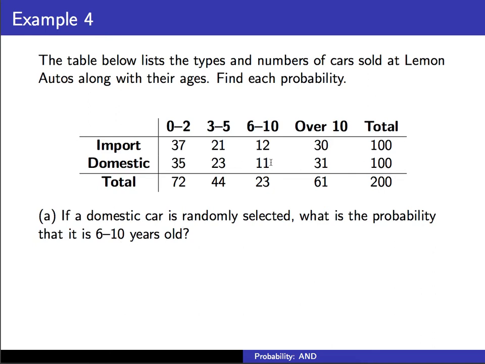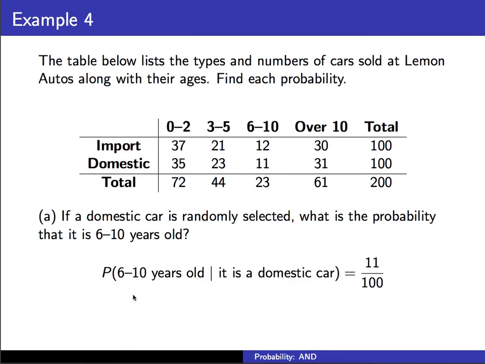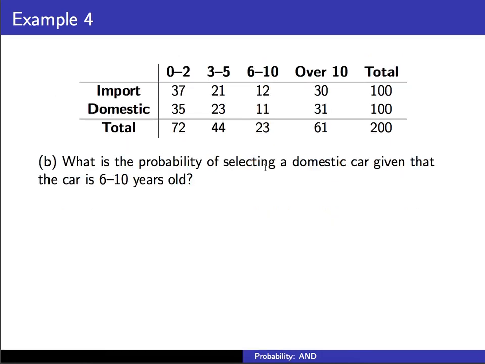Of our 6 to 10 domestic cars, there's 11. So our probability of a 6 to 10-year-old car, given that it's a domestic car, is 11 out of 100, or 11% if you want to go the percent route.